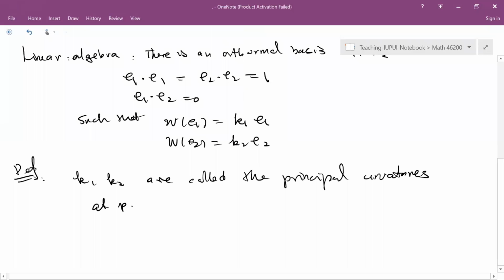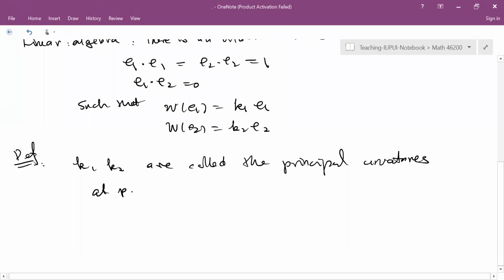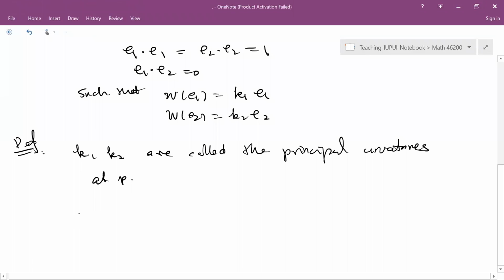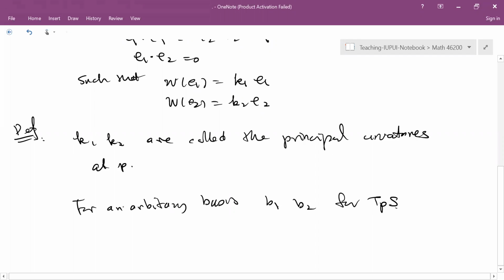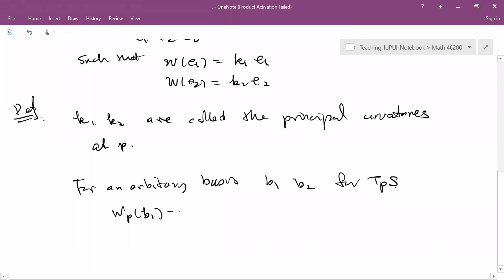But for an arbitrary basis B1, B2 of this plane, you can have a matrix, right?